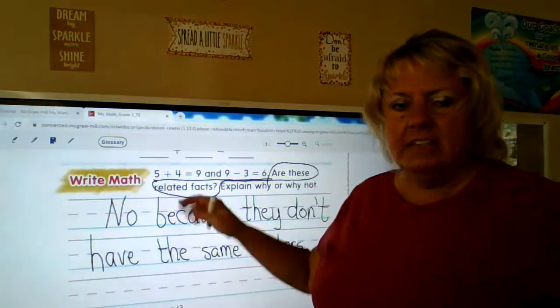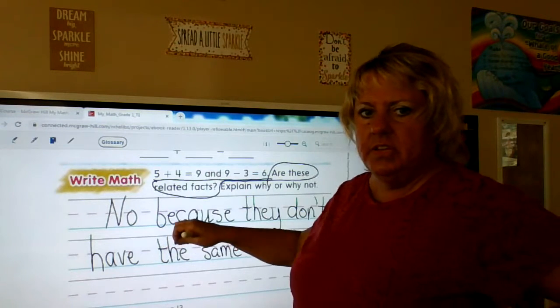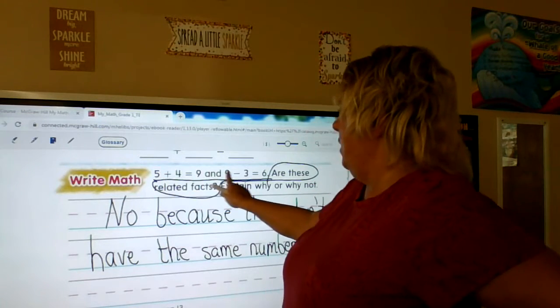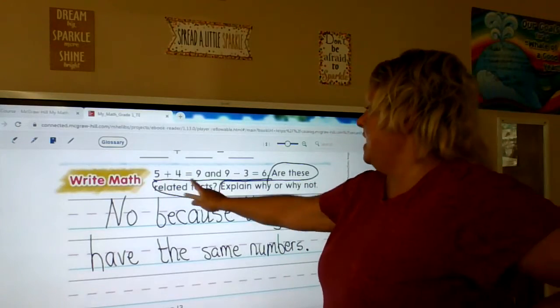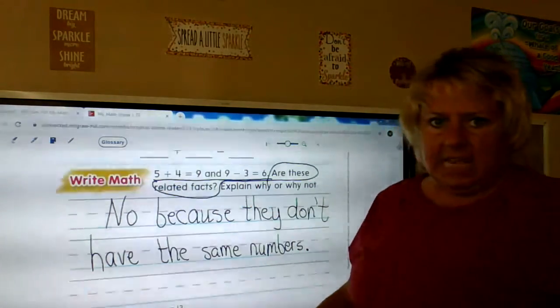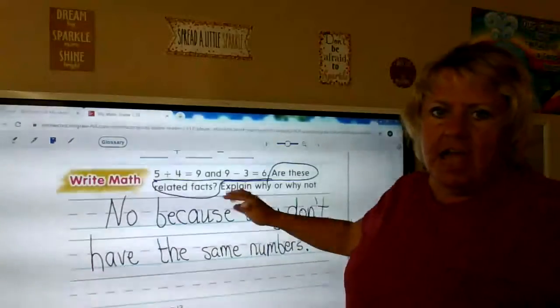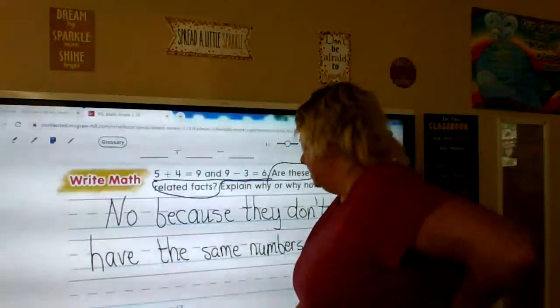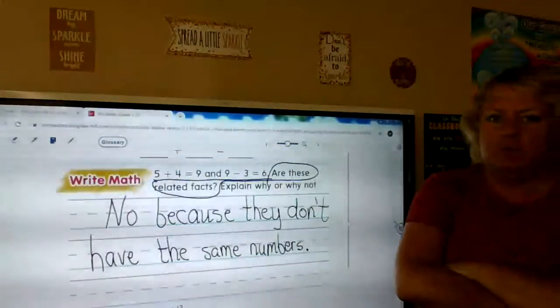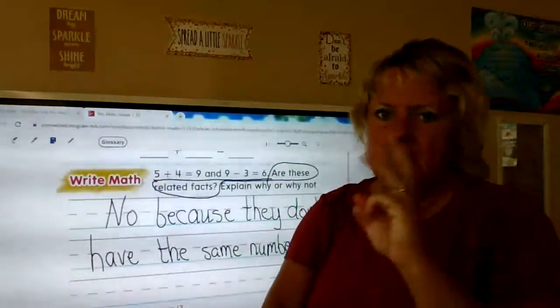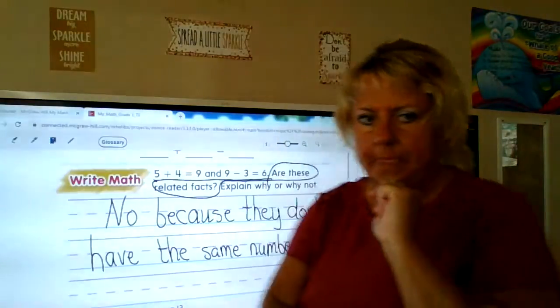Remember, to be related, they have to have the same numbers. They both have a 9, but they both don't have a 5 and a 4, or a 3 and a 6. So these are not related facts. A related fact, you have to have the same 3 numbers.